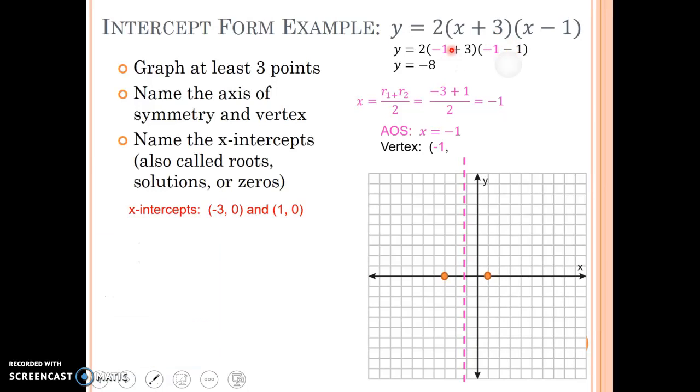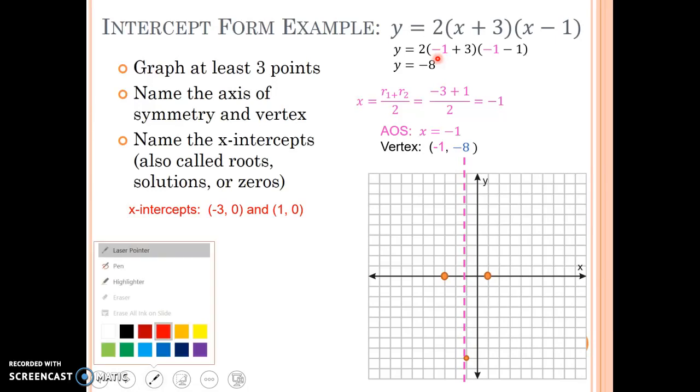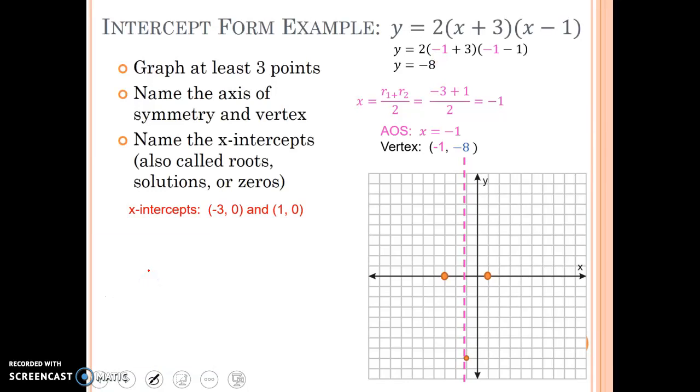So then we have 4 times -2, which gives you that -8. And there's my vertex. Last thing you would want to do is go ahead and draw in your parabola. Again, I'll just try and draw the best sketch that I can. And there we go.